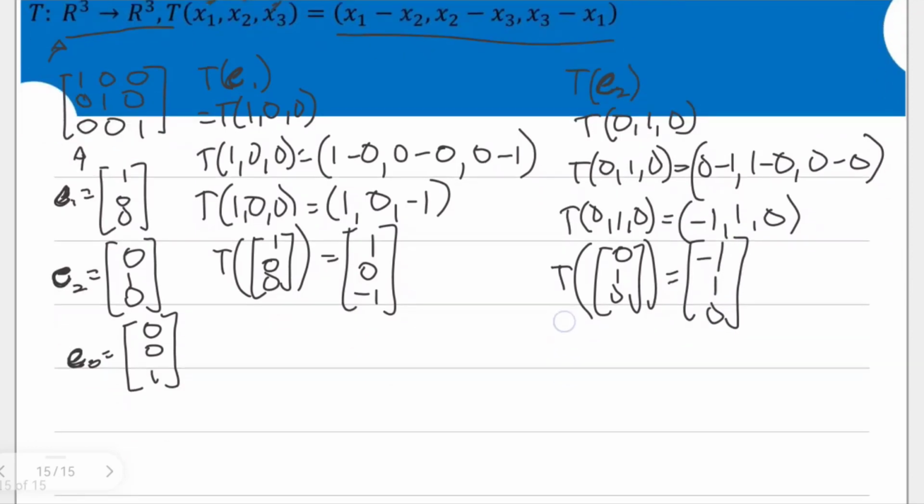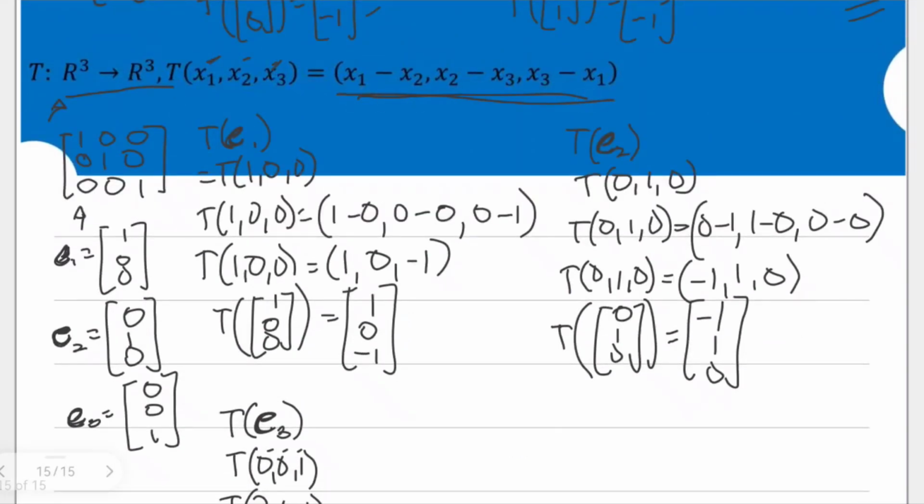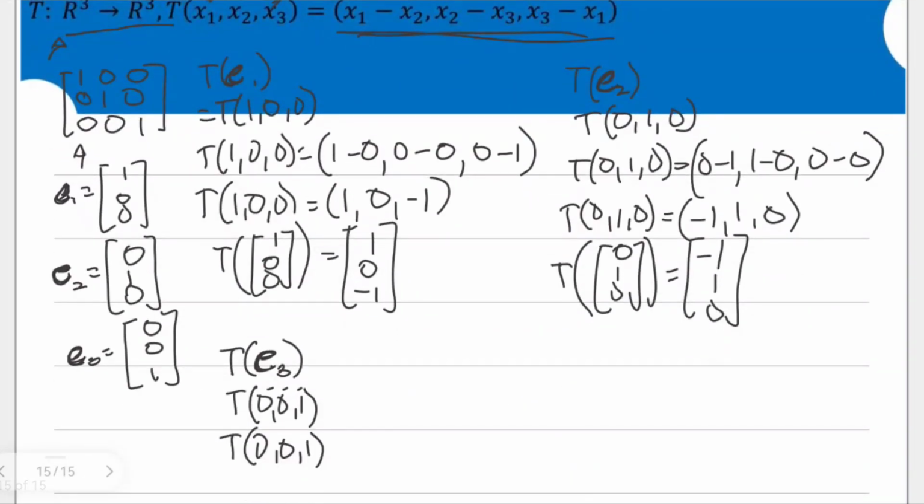Now for the third, we have here the linear transformation of 0, 0, 1, where x sub 1 is 0, x sub 2 is 0, and x sub 3 is 1. So going back to the definition like this here, we'll have 0 minus 0, 0 minus 1, 1 minus 0.